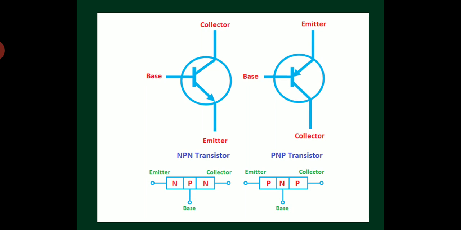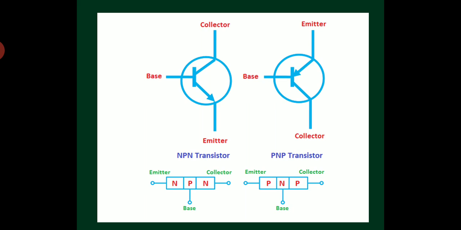Make a note: for any BJT, bipolar junction transistor, emitter width must be higher, base width must be less, and the width of the collector must be greater than the width of the emitter region.